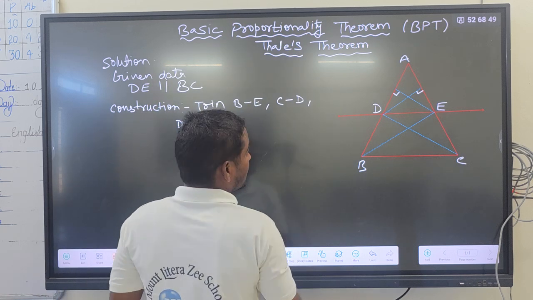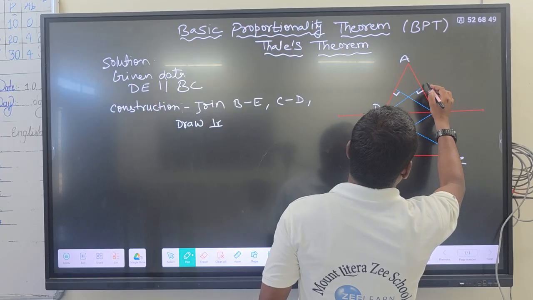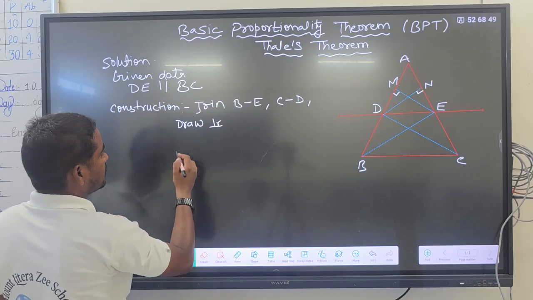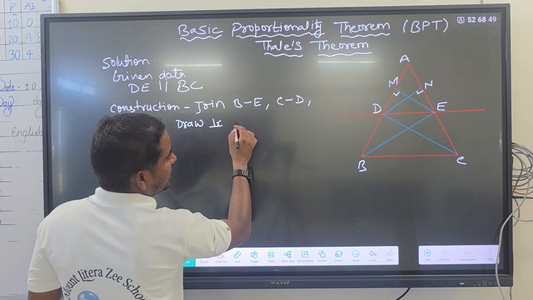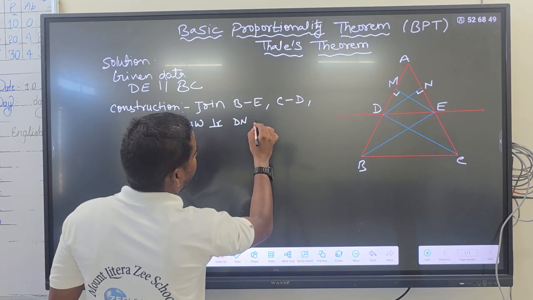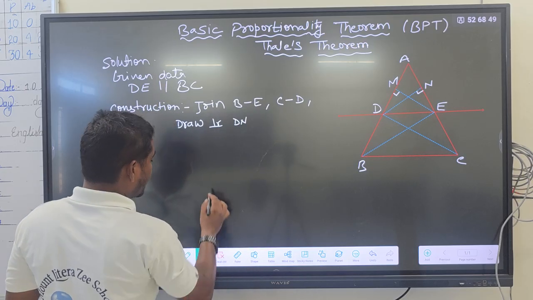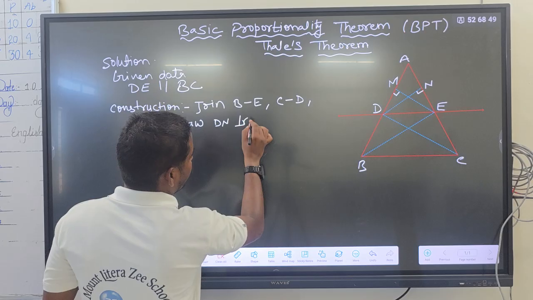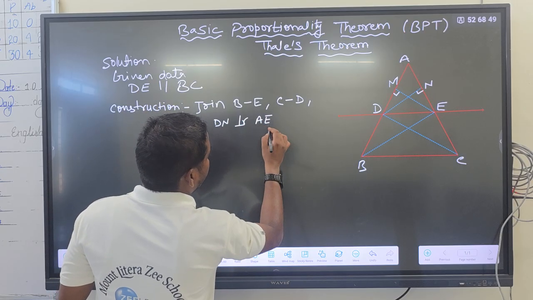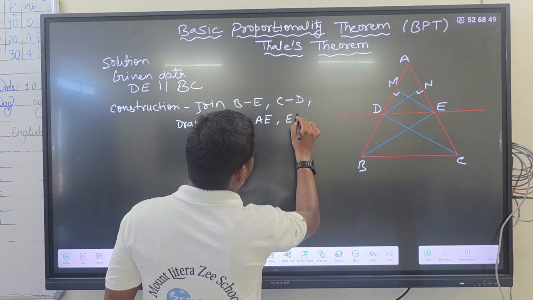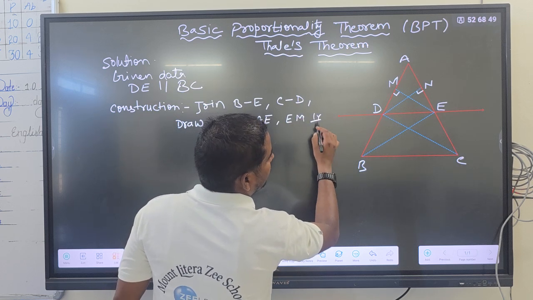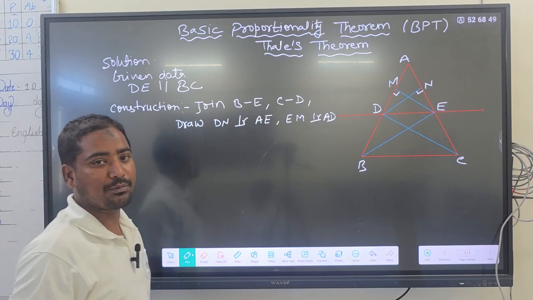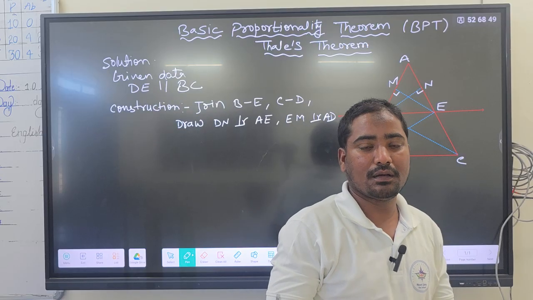Suppose this is N and this is point M. Now draw DN perpendicular to AE and EM perpendicular to AD. These are the constructions that we will have to draw before proving the BPT.